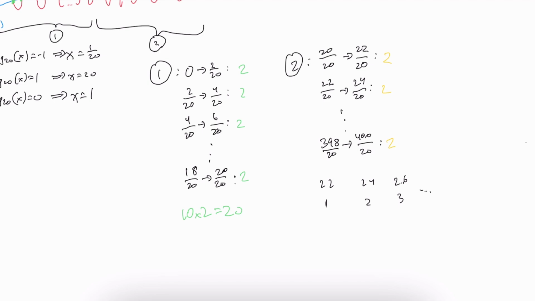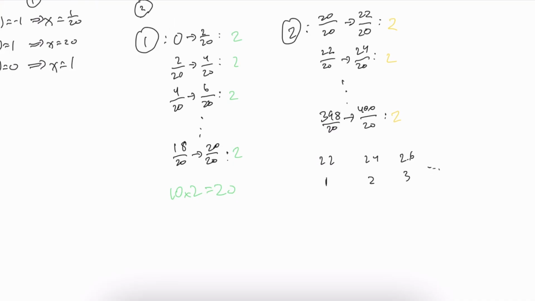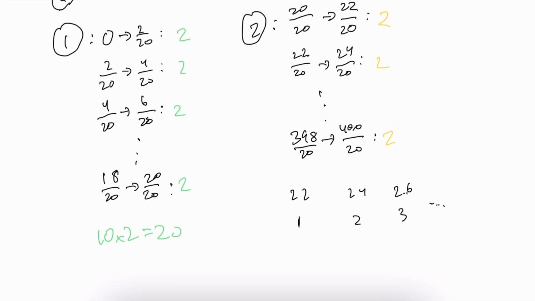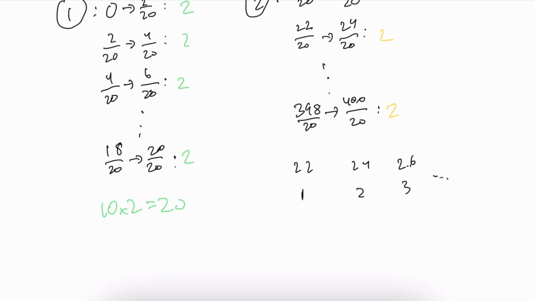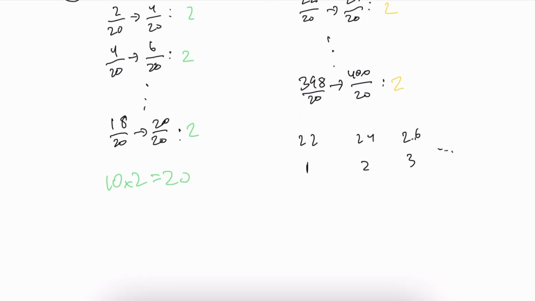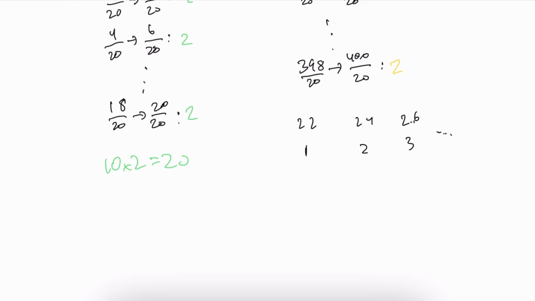So how can we get from 22 to 1? We can subtract 20 and then divide by 2. The idea behind dividing by 2 is because we're incrementing by 2 each time, but we only want to increment by 1.